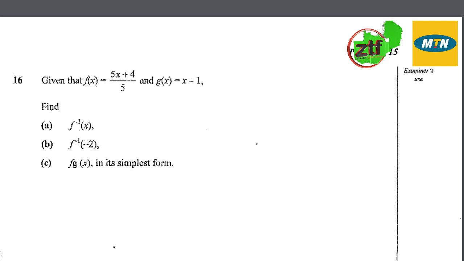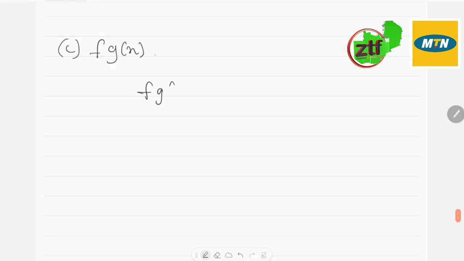So g of x will first of all become the image of the function f. So fg of x will also be written as f of g of x.